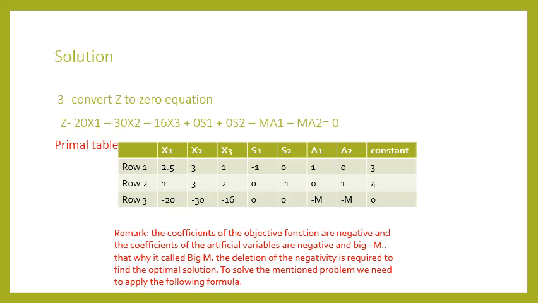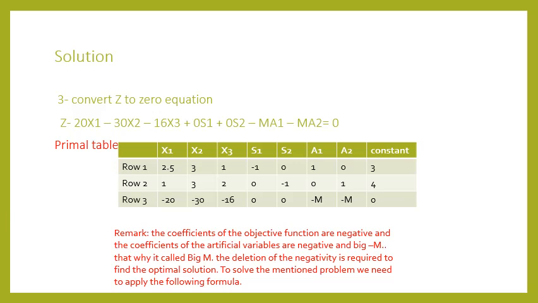Respectively, 3 is the coefficient of x2, 1 is the coefficient of x3, negative 1 is the coefficient of s1. Constraint 1 has no s2 and no a2, that's why it's 0, 0. 1 is the coefficient of a1 in constraint 1.